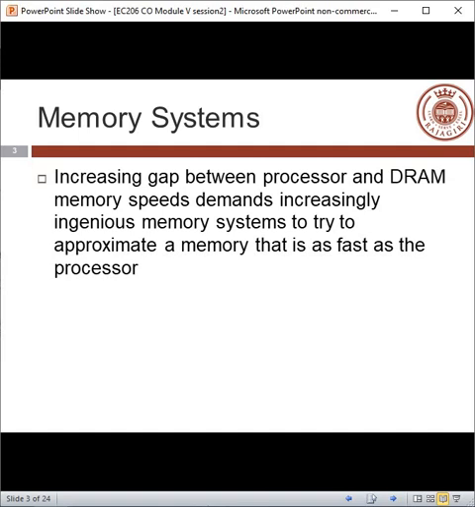When compared to the processor, this hard disk is very slow. So we need some mechanism to bridge the gap between the speed of the processor and our main storage, the hard disk. For that, we will be using a series of memory systems that we will see in detail.